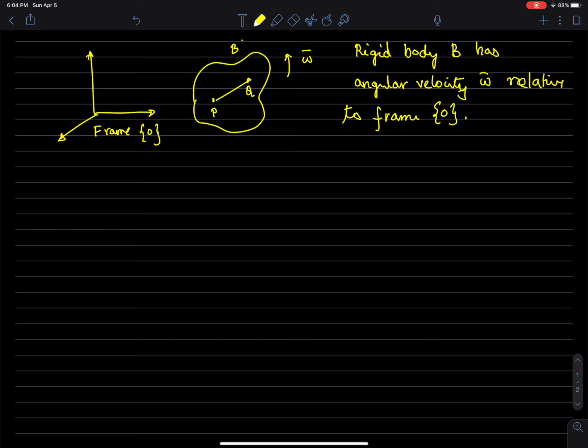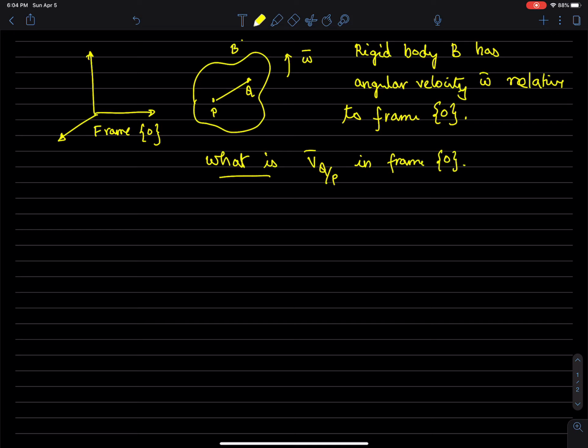Let's ask the question first and then let us answer it. What is V Q with respect to P in frame 0?